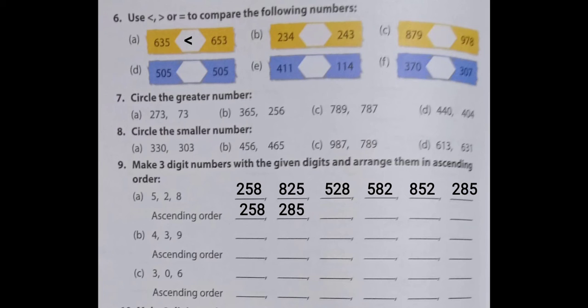Now you will arrange these numbers from small to big, that is ascending order. Next is 528. Next is 582. Next is 825 and the greatest number is 852. So you will do B and C part yourself.